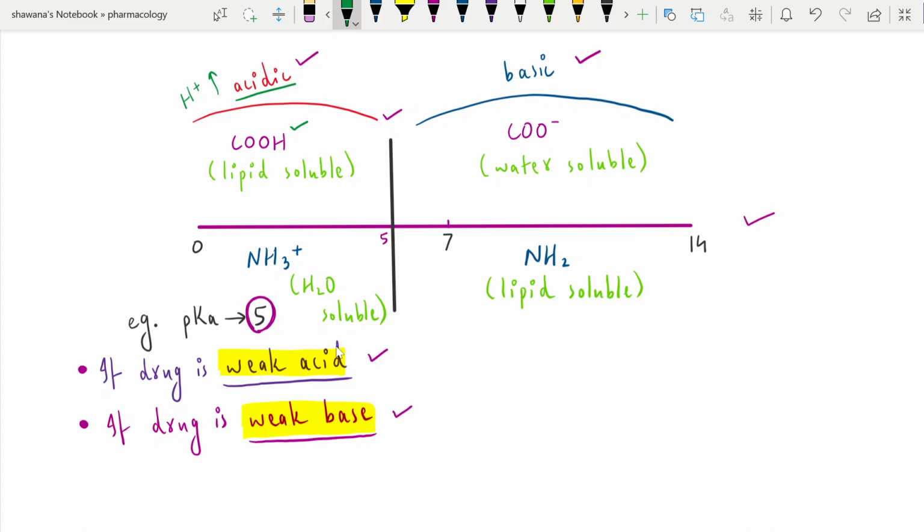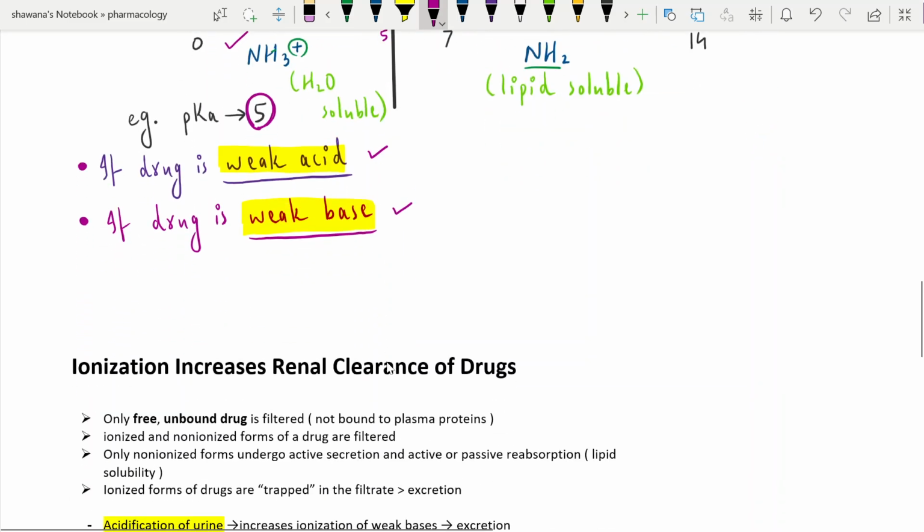In the basic environment where protons are less, the weak acid is present in deprotonated form, and the weak base is also present in deprotonated form. Both weak acids and bases are water soluble in an environment opposite to their pH. You can easily see here the weak base is soluble in water in acidic environment, and the weak acid is soluble in water in basic environment. So understanding these concepts helps you verify whether the drug can be eliminated or can be better absorbed.